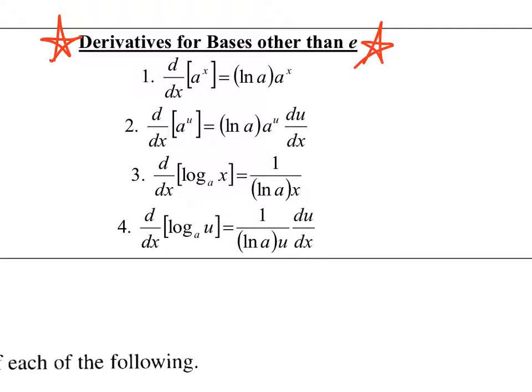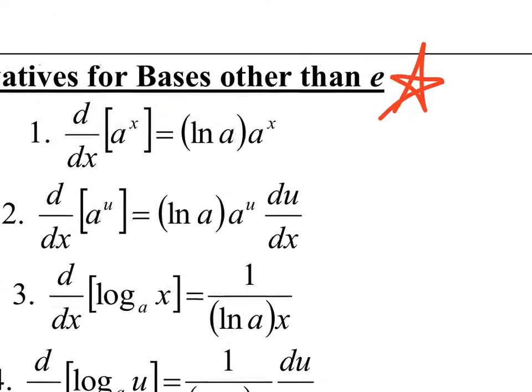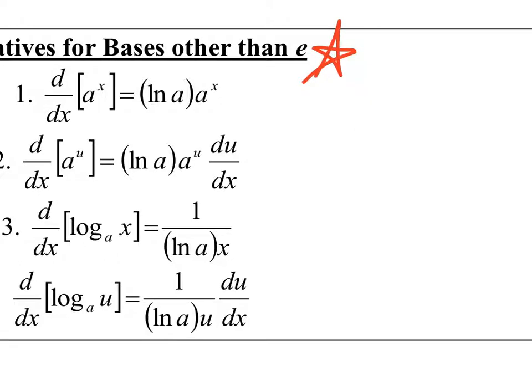Using the different rules, we can convert a to the x into e to the ln of a times x, right? Because e to the ln of a equals a. So when I do that, then I multiply the exponents. It's ln of a times x.